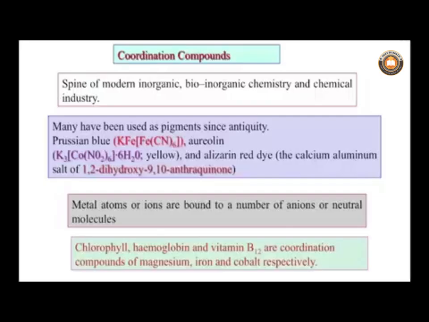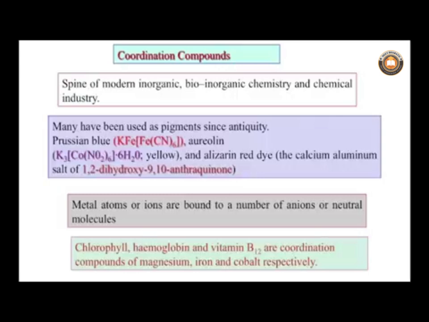Typically, as I just told you, if you have the corresponding anions coming from the mineral acids, you get the simple salts, such as ferric chloride, nickel chloride or cupric chloride. So, chloride anions are coming from the corresponding mineral acid, which is hydrochloric acid.